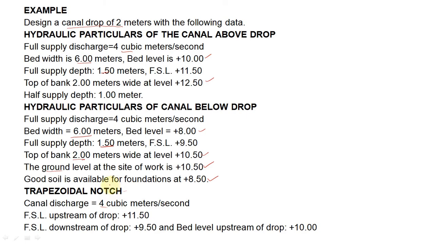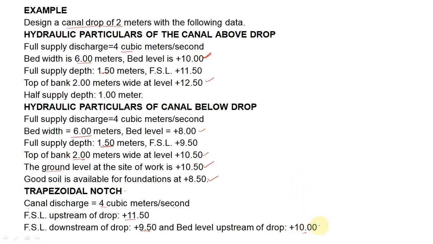In the problem itself they asked to design for a trapezoidal notch. The canal discharge is 4 cubic meters per second. And FSL, full supply level, on upstream of the drop is 11.5 and FSL on downstream side is 9.5. And bed level on upstream side of the drop is 10. It is already given on upstream side.